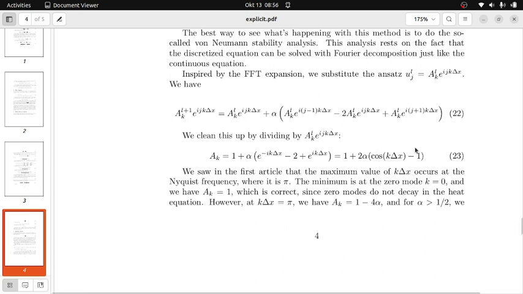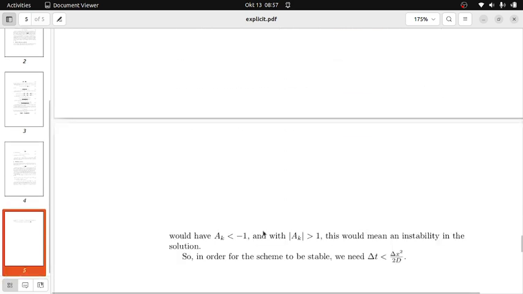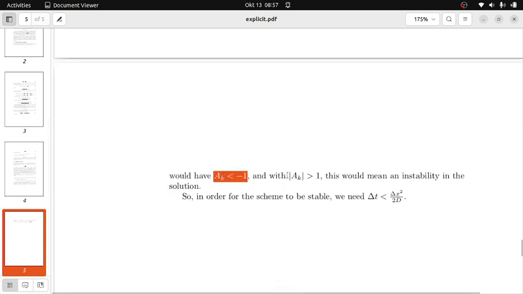However, when you have k delta x equals pi, we have cosine of pi is minus 1, minus 1 minus 1 is minus 2, and then we have A_k = 1 - 4 alpha. What happens is that if alpha is greater than half, we have A_k less than minus 1, and the absolute value of A_k is greater than 1, and this makes the scheme unstable.